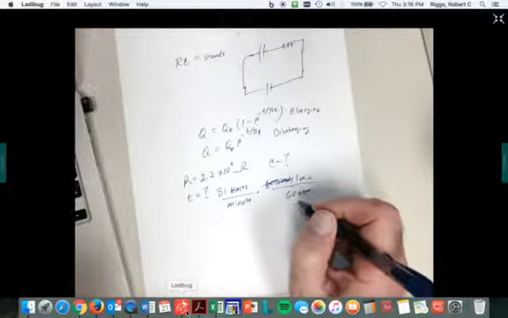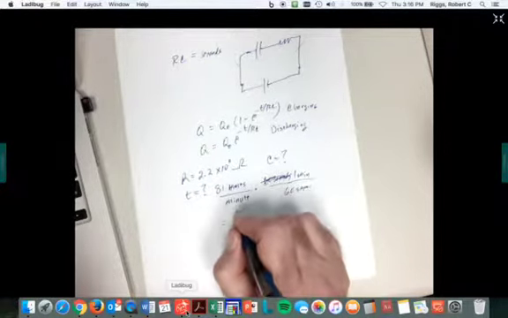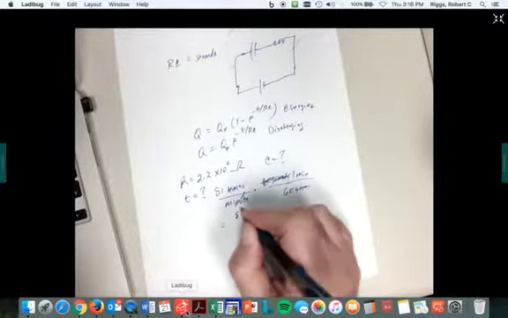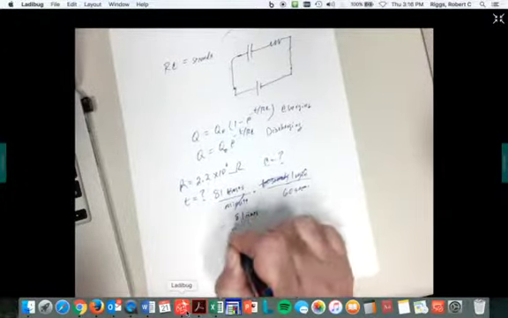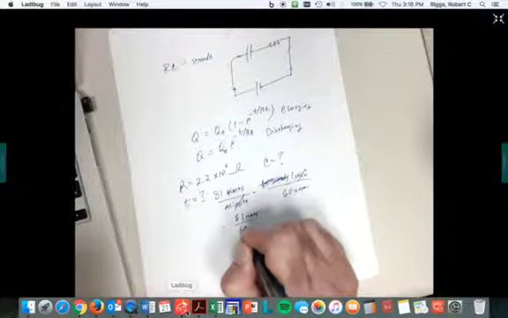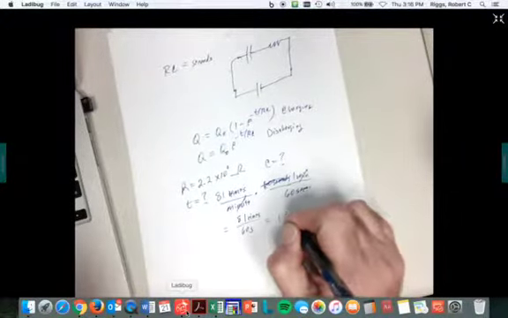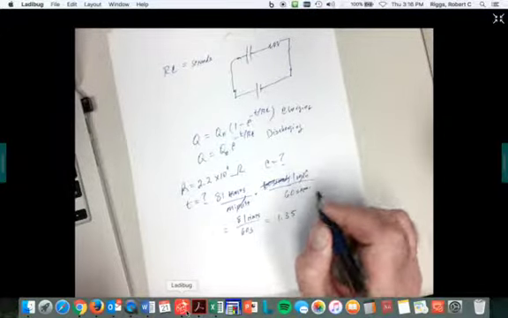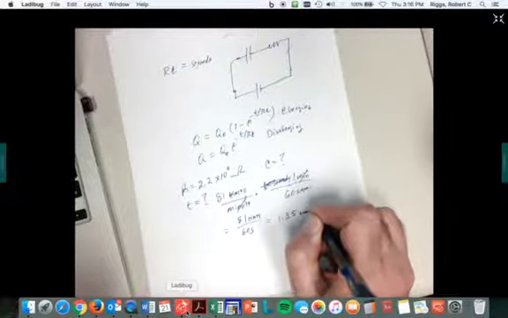Between pulses, it does it 81 times over 60 seconds, so the minute cancels. We get 81 over 60, and that equals 1.35. That means it does it 1.35 times per second.